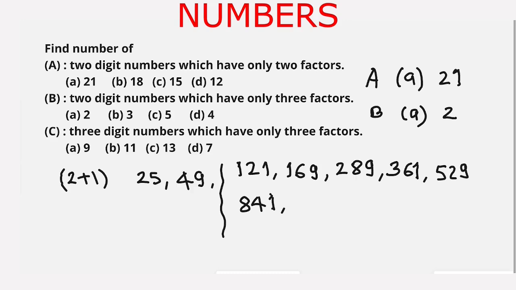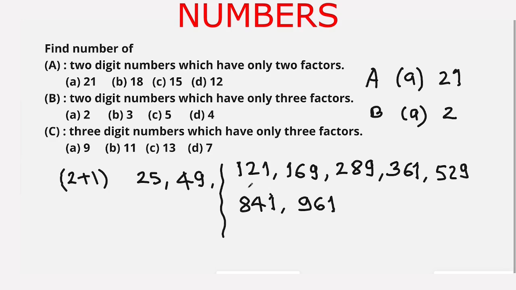The next prime number is 31, and the square of 31 is 961. 961 is a 3-digit number and has three factors 1, 31 and 961.